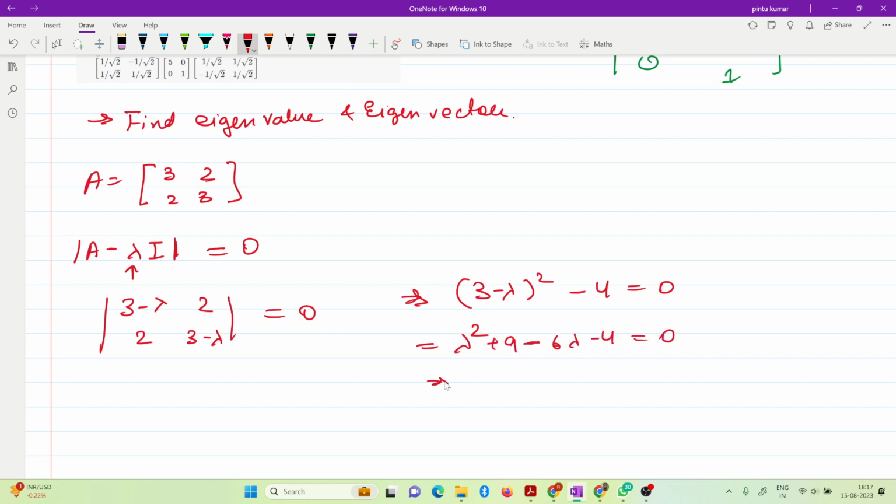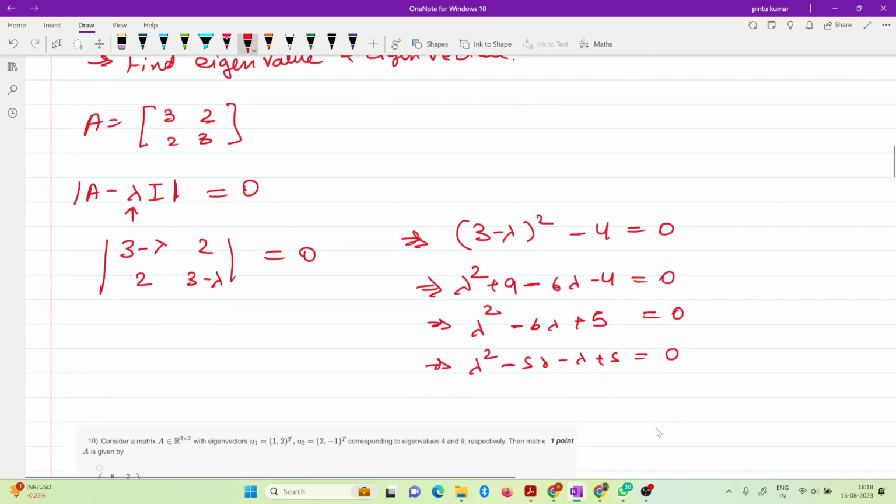It's 0. This is lambda square minus 6 lambda plus 5 is 0. So we can write lambda square minus 5 lambda minus lambda plus 5 is 0. So this would imply (lambda minus 5)(lambda minus 1) is 0.